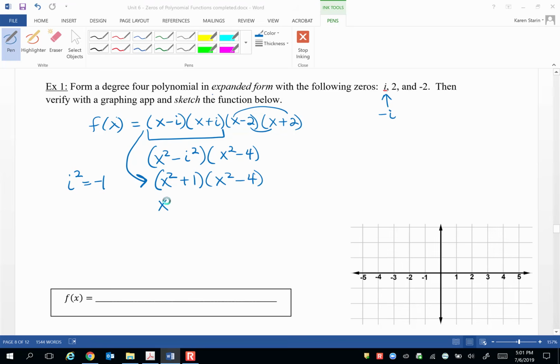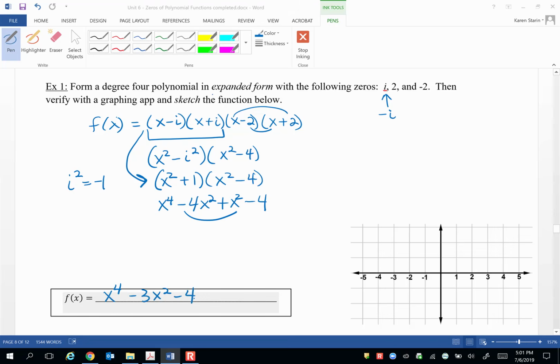So we'll have x to the 4th minus 4x squared plus x squared minus 4. We have two like terms. So finally, f of x in expanded form is x to the 4th minus 3x squared minus 4.